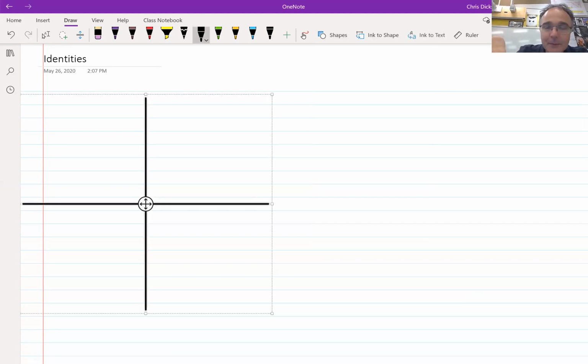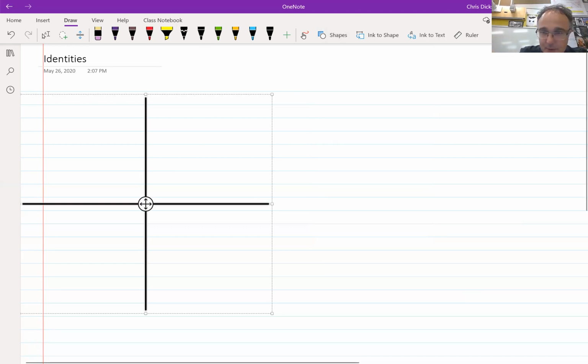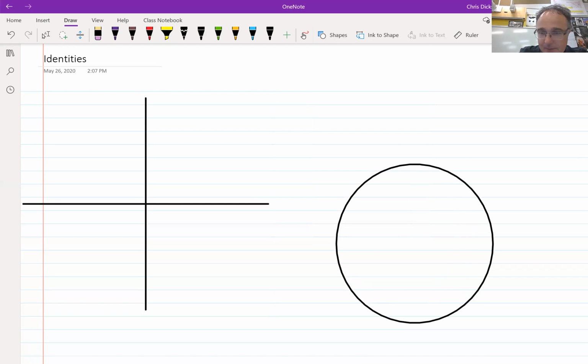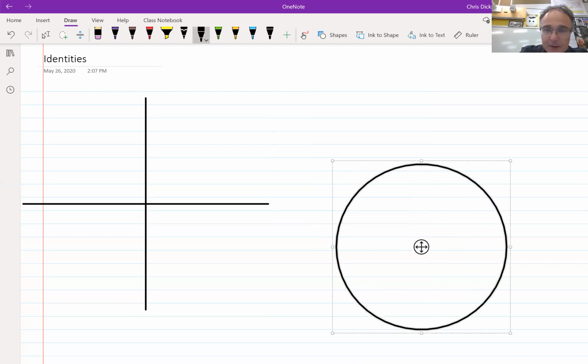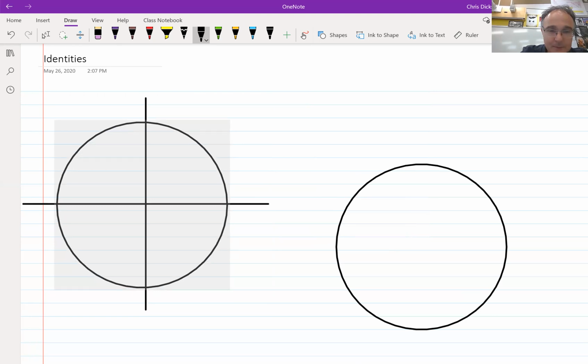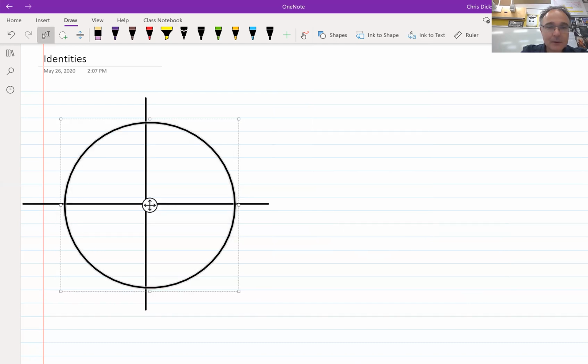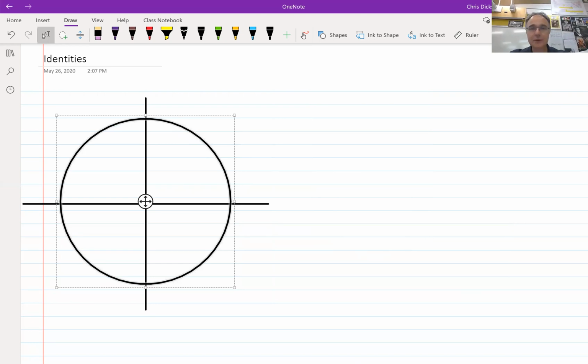And then we're going to draw a circle on top of the grid. I have to do this separately, so I draw a circle and move it onto the grid. And it's pretty close. This circle could be the unit circle or really any circle you want.